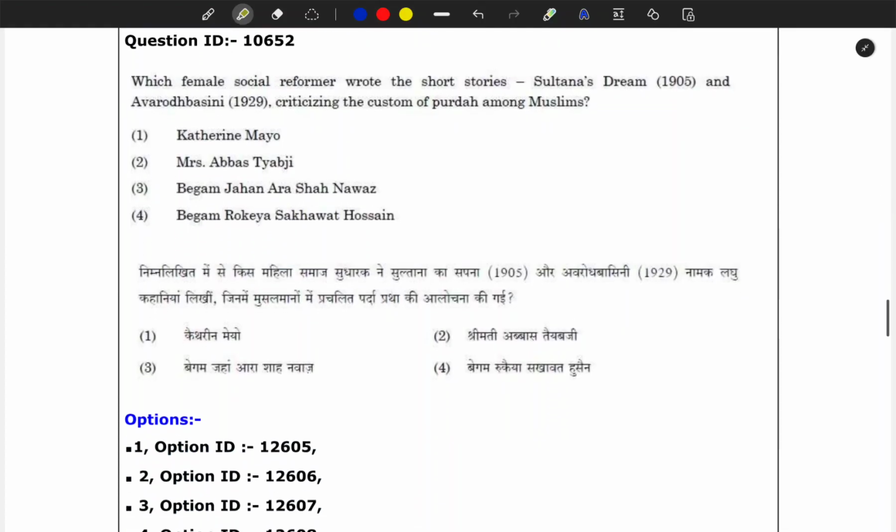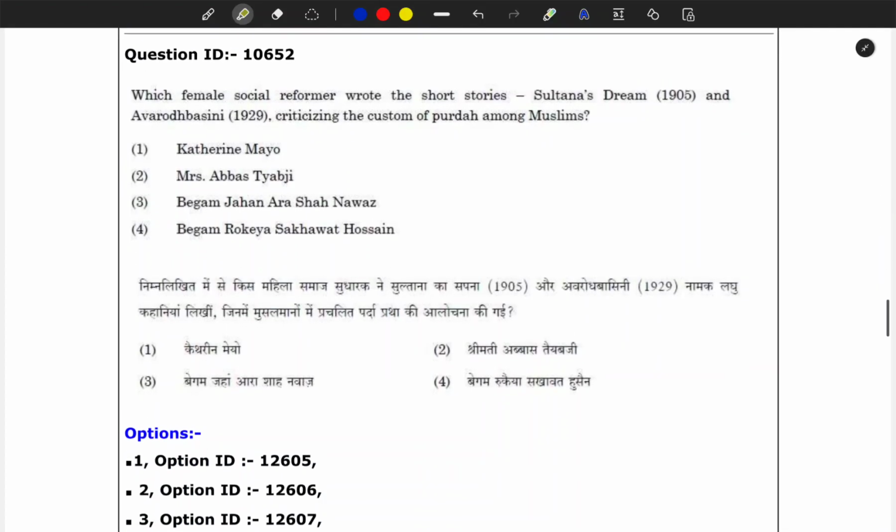Few more questions are there, I'll just quickly discuss them. At least 50 of these I'll discuss today and 50 in the next part. Which female social reformer wrote the short stories Sultana's Dream and Avrod Bhasani, criticizing the customs of Parda among Muslims? I'm really not sure about this.